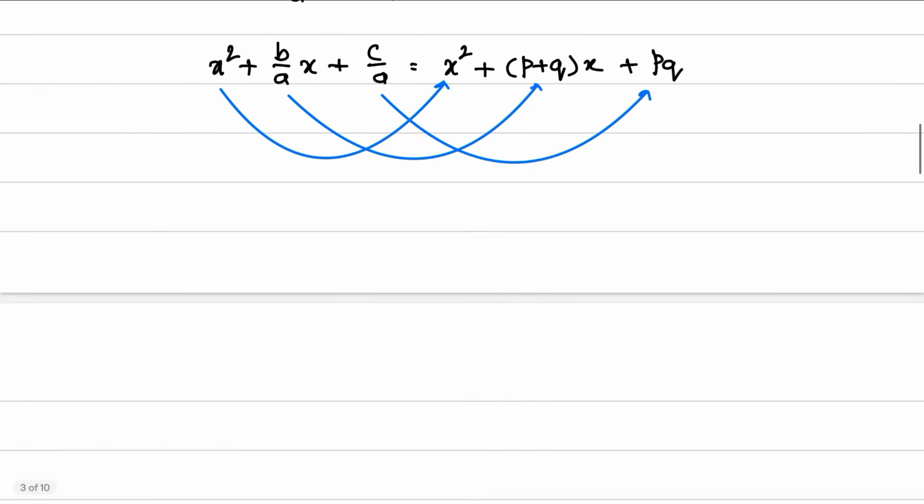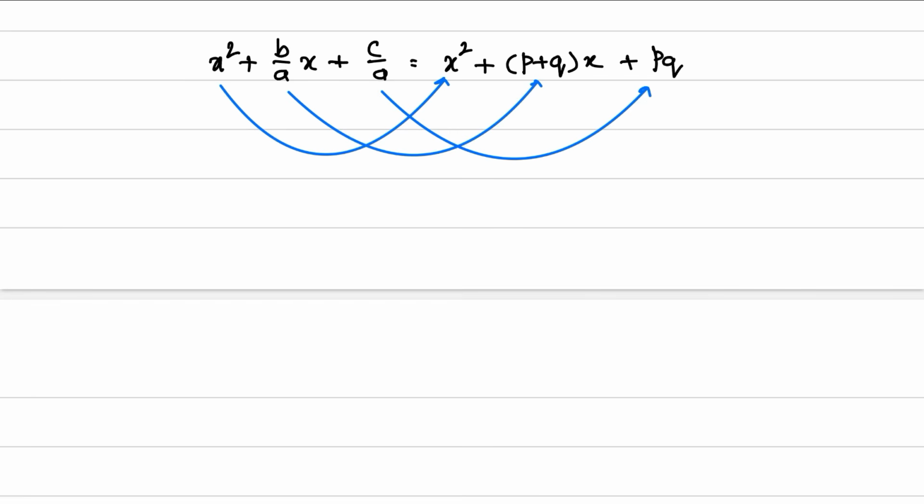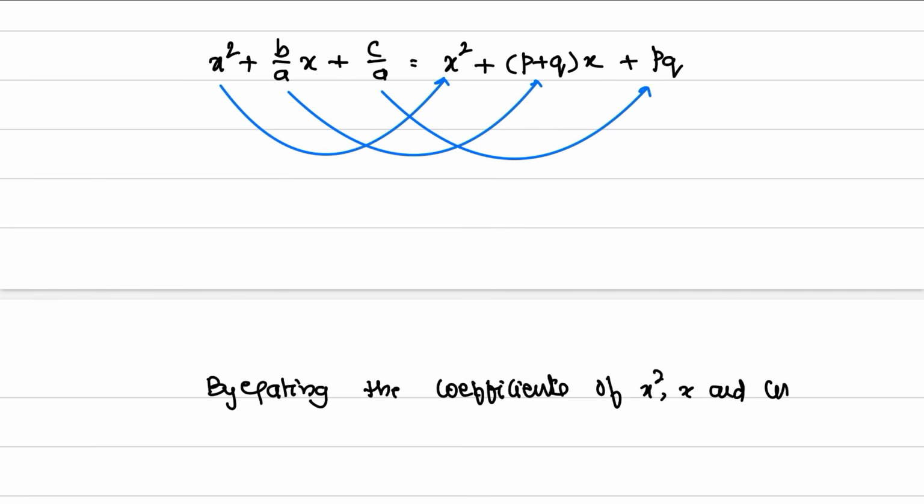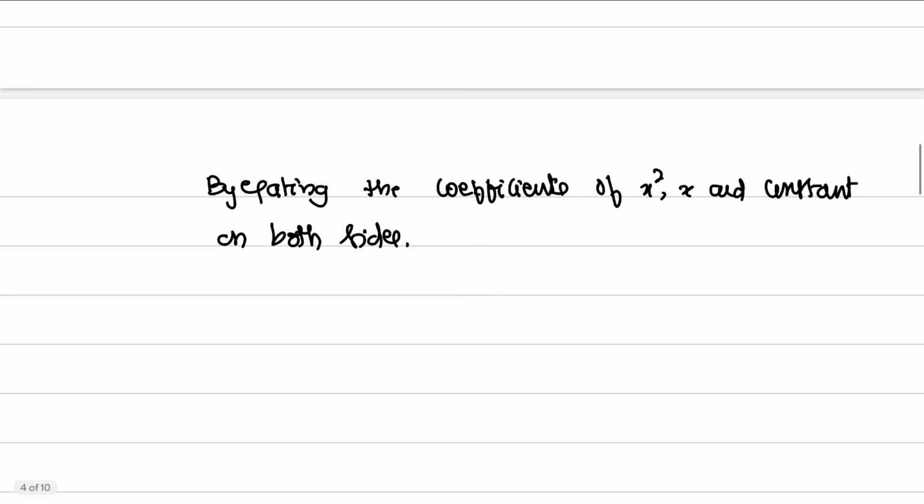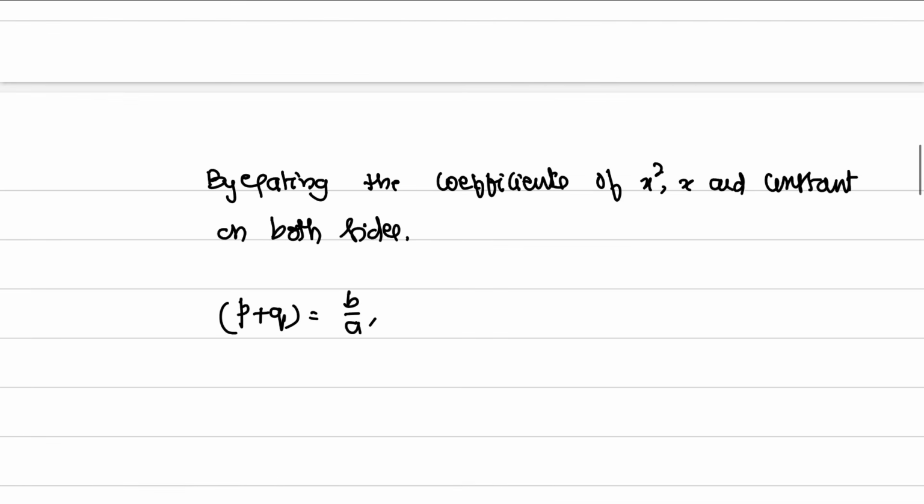That means by equating the coefficients of x square, x and constant on both sides, what we get? p plus q is equal to b by a and pq is equal to c by a.